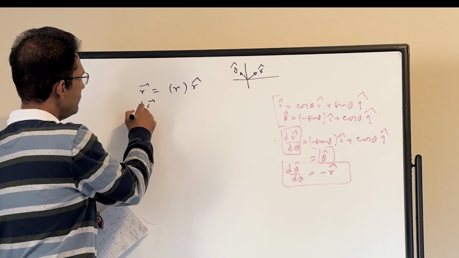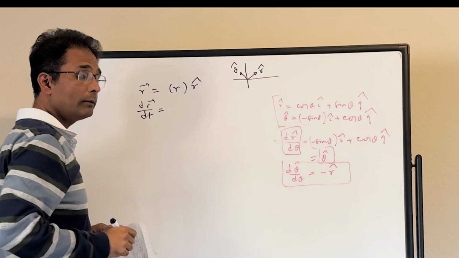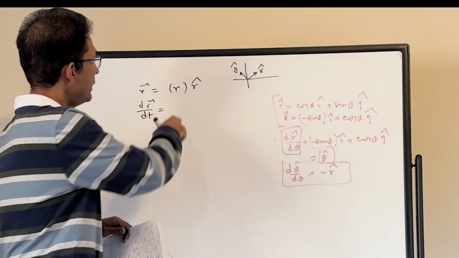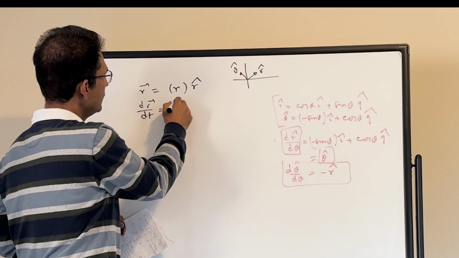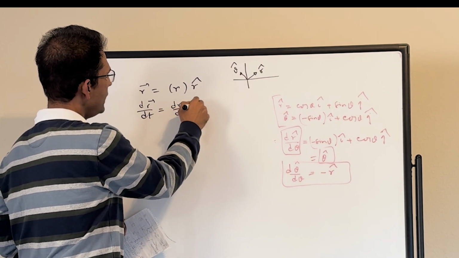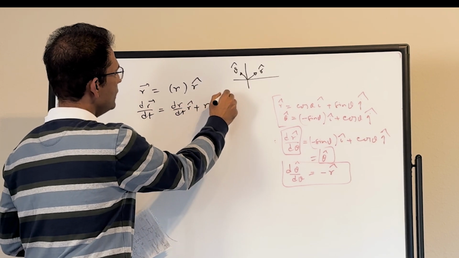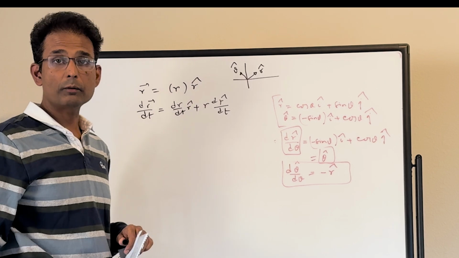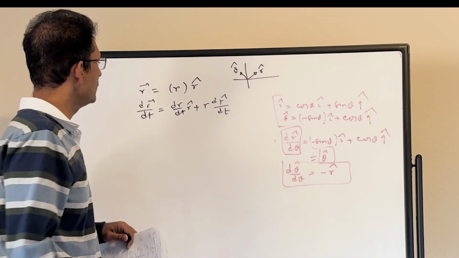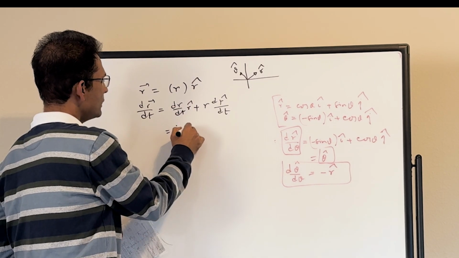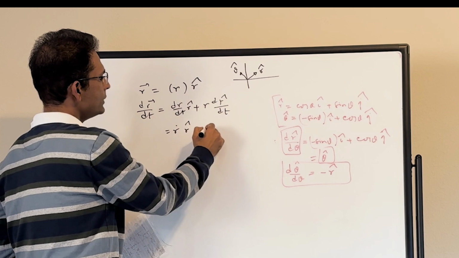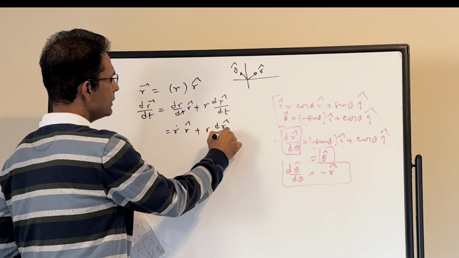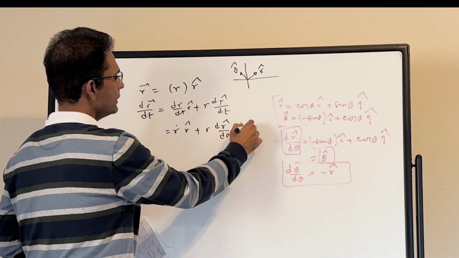So if I take the derivative of r with respect to t, I'll have to use the product rule. So I'll write dr dt r hat plus r dr hat dt. It's the standard product rule of calculus. I'm going to call this r dot r hat, and this thing I'm going to write as dr hat d theta dt.